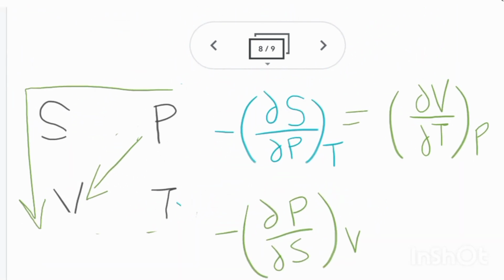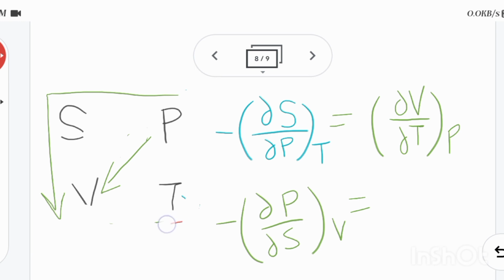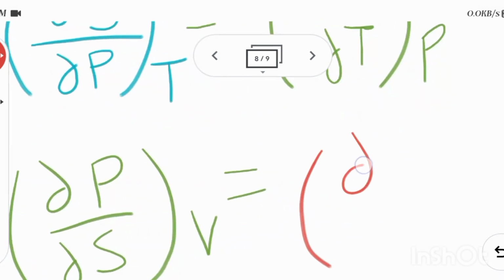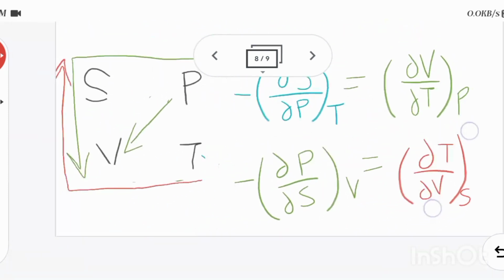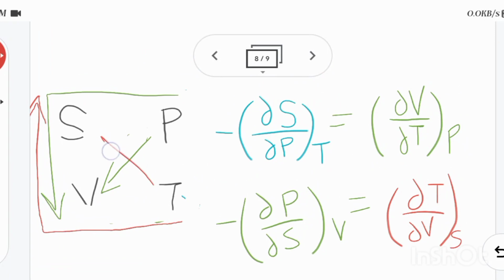Now the answer would be from T: ∂T/∂V at constant S, right? Now the final one and the initial one are in an upper position, so the answer will be positive. So this was the trick to calculate the Maxwell relations.